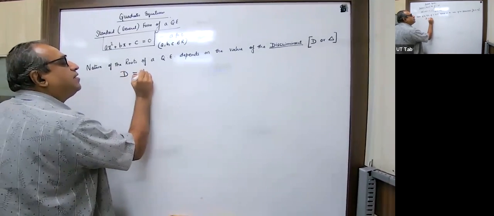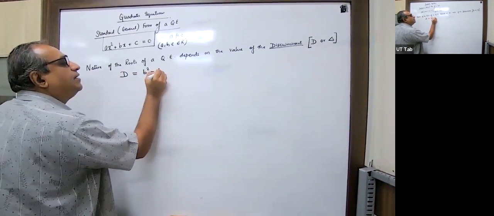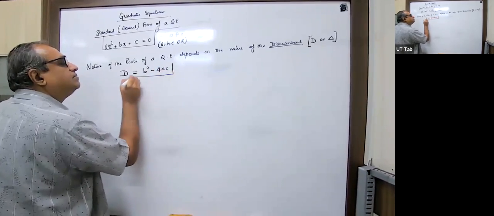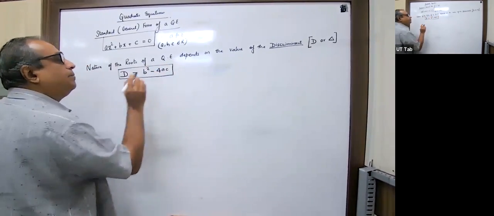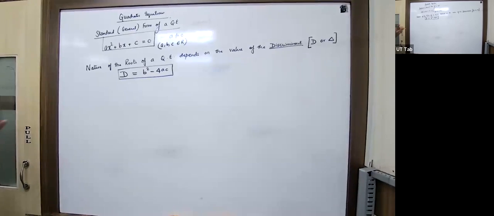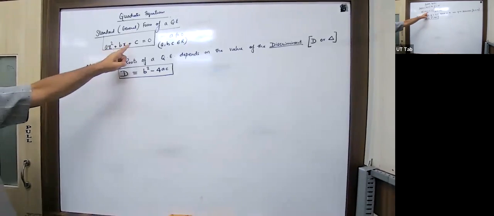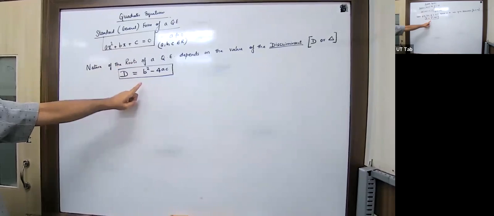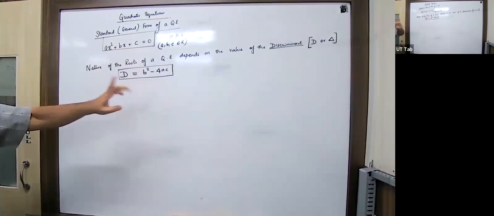Discriminant is nothing but b squared minus 4ac. क्या है? b squared minus 4ac. a, b, c इधर है ना? तो discriminant is nothing but b squared minus 4ac.